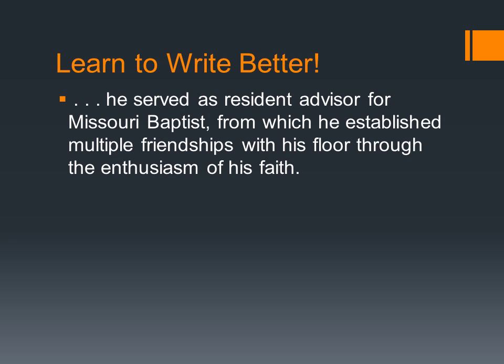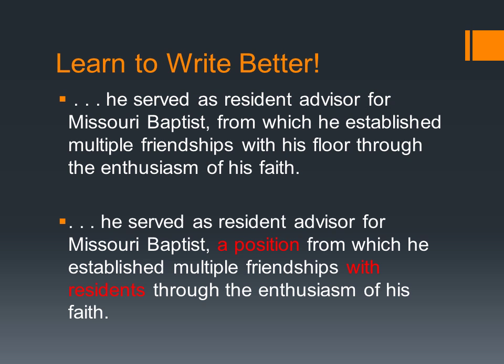He served as resident advisor for Missouri Baptist, from which he established multiple friendships with his floor through the enthusiasm of his faith. Well, this is another example of one of those sentences where we probably think we know what the person is saying. They're just not saying it too accurately. Did he have multiple friendships with the floor? I don't think so.